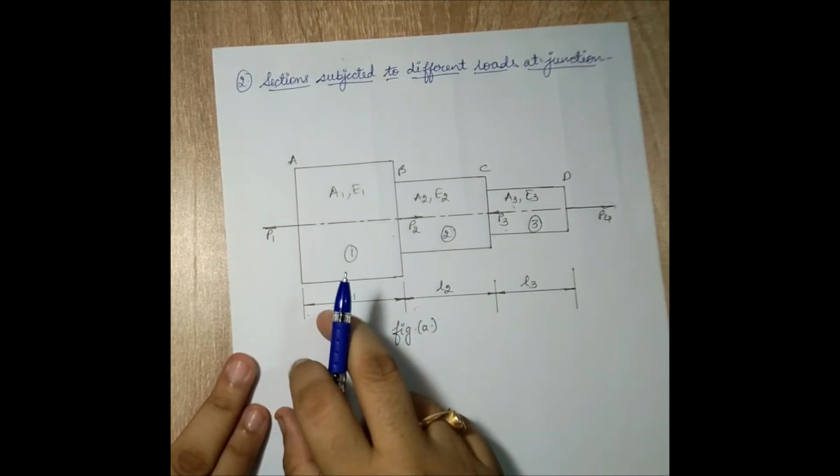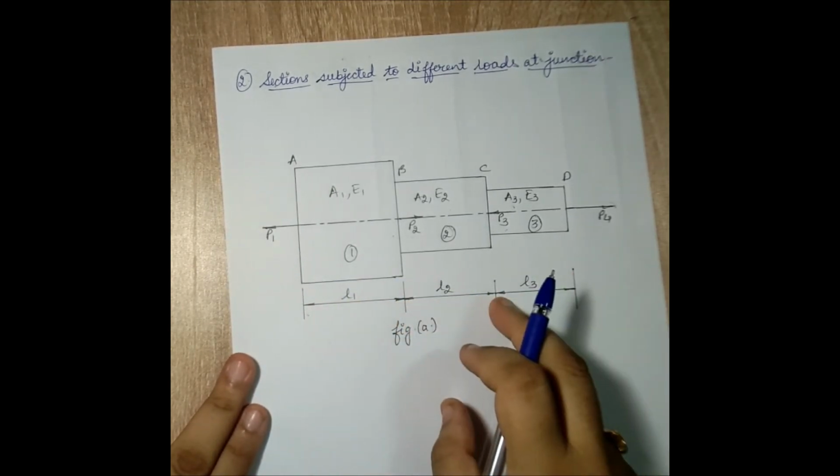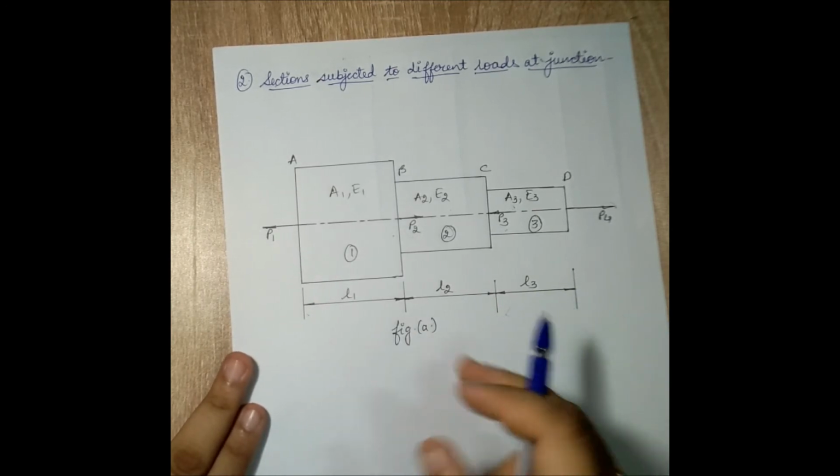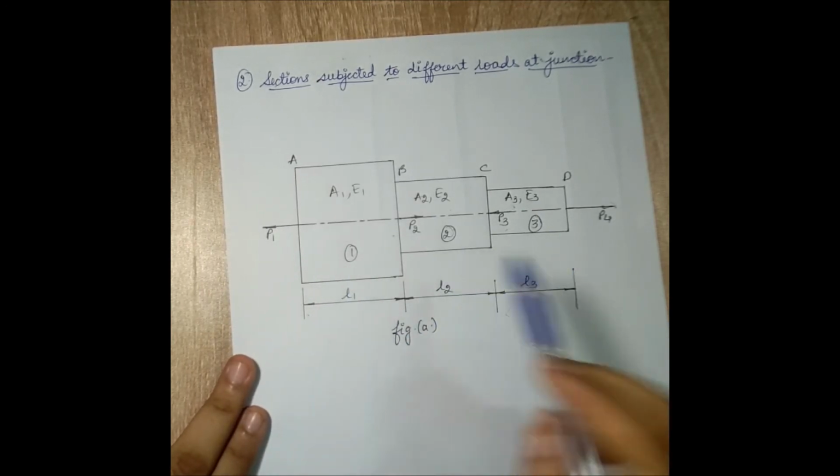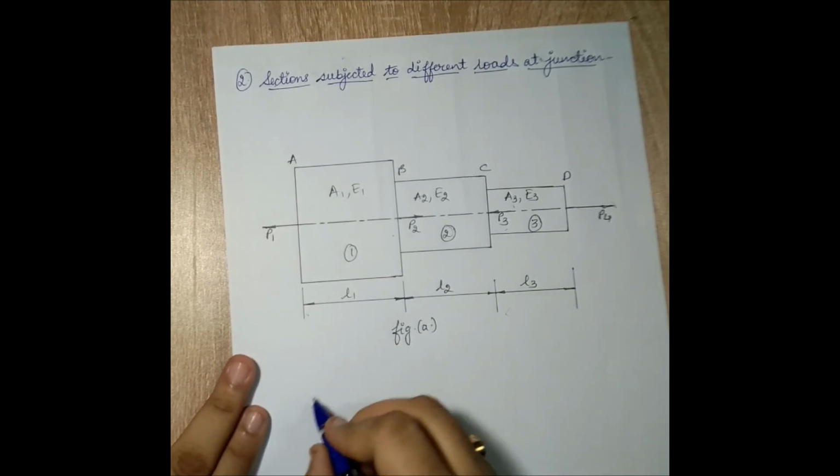Start by drawing the FBD of each part. I'll first draw for AB, then for CD and finally for B to C. It is going to be similar to the previous one, except that the loads are going to change at each junction. So I'll start with AB.